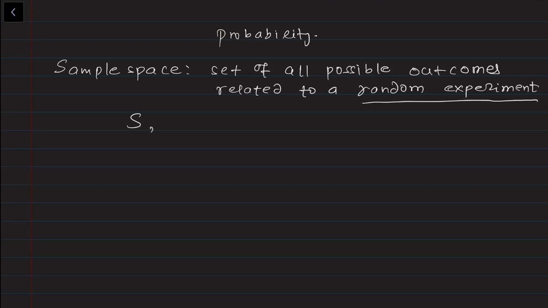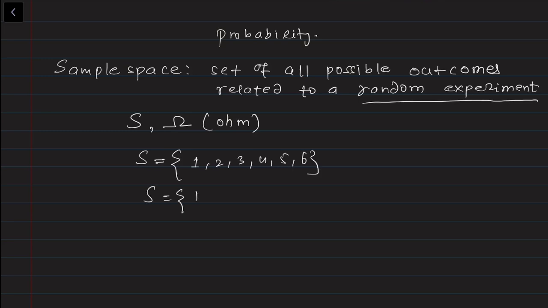Okay, and we also use another notation, that is omega. So for dice, the sample space would be 1, 2, 3, 4, 5, and 6. Similarly, when you toss a coin, the sample space would be head and tail because these two are the possible outcomes. All right.